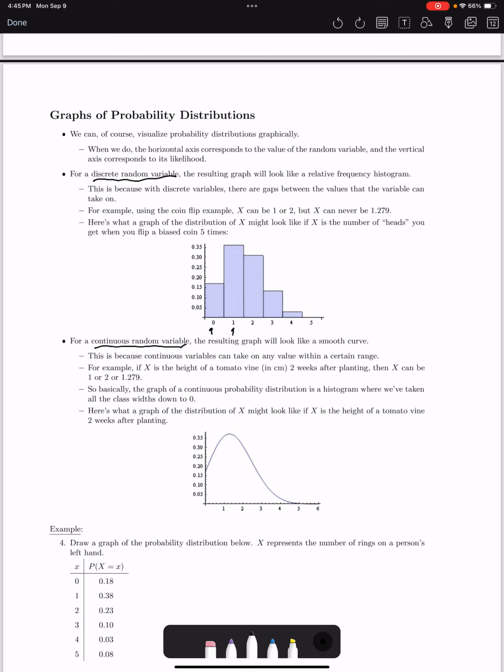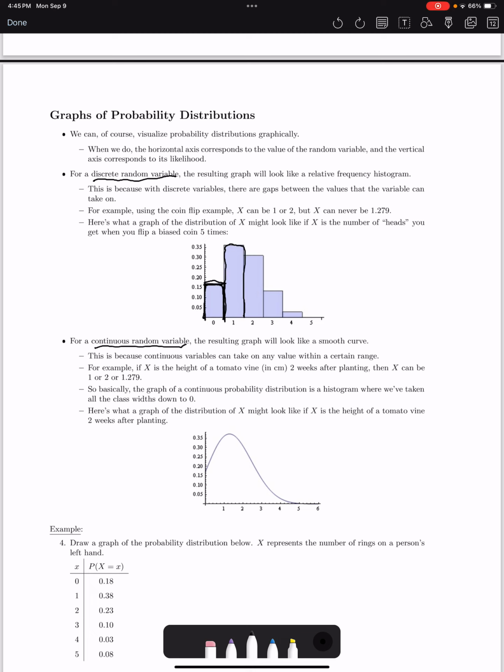And x can be 1, but it can't be 1.7, right? Like it's discrete, and so there are gaps between the values that x can take on. And so the probability that x equals 0 or the probability that x equals 0.13 are the same, right? They're all represented by this bar that extends from 0 to 1, right? And the probability x is 1 is this bar, right? This would include all of the possibilities for x that are between 1 and 2, not including the 2.